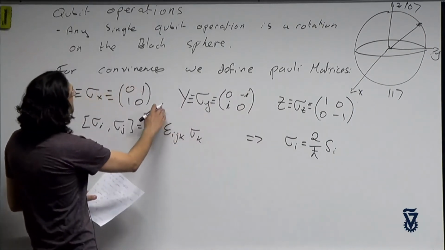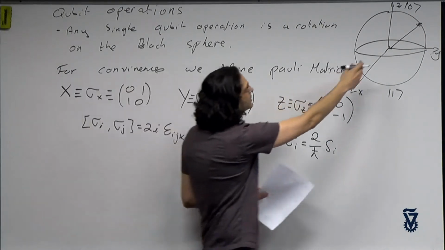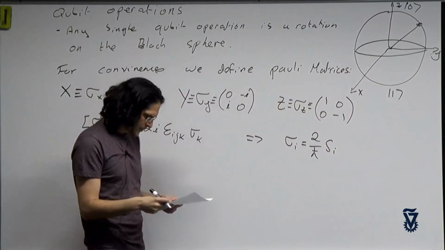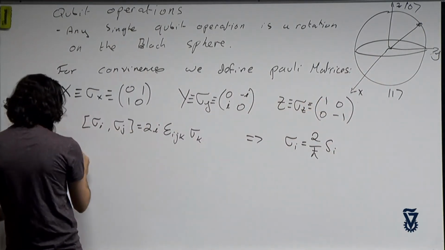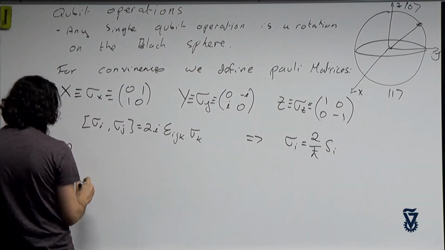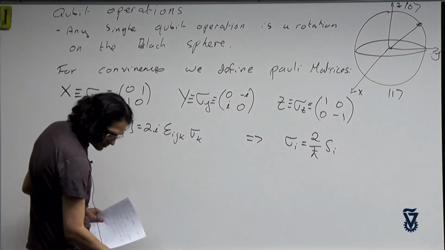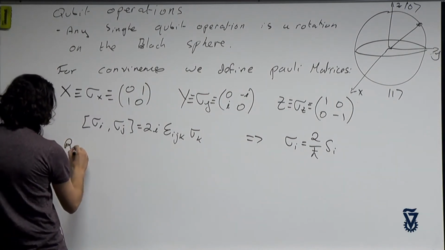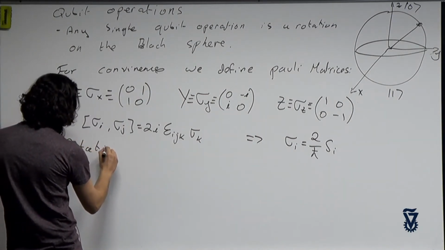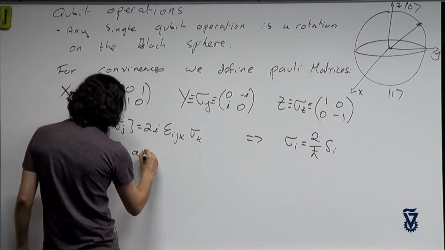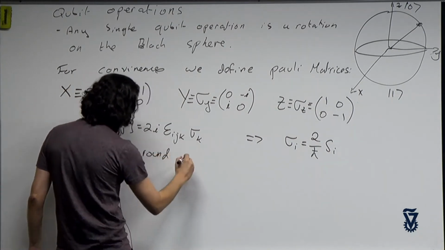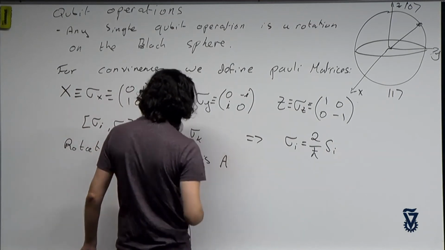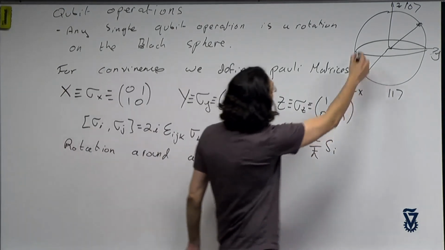So we said that any operation is a rotation. Now we're going to write this explicitly. A rotation around axis A. So we have some axis A going somewhere here.